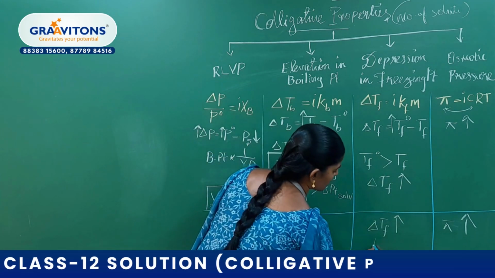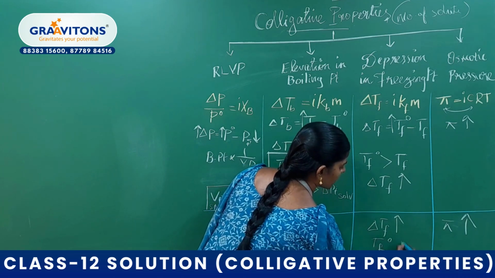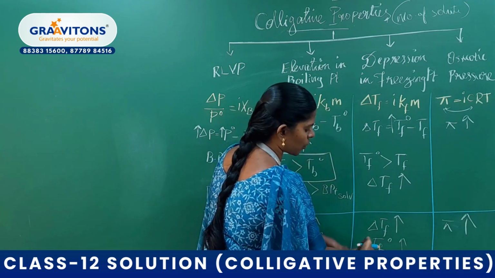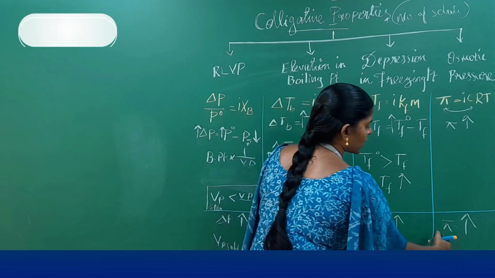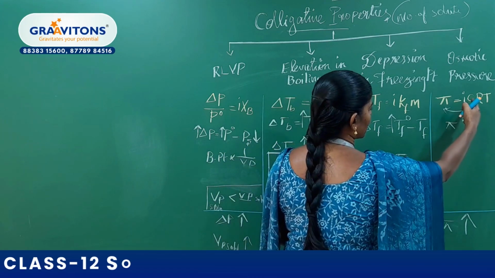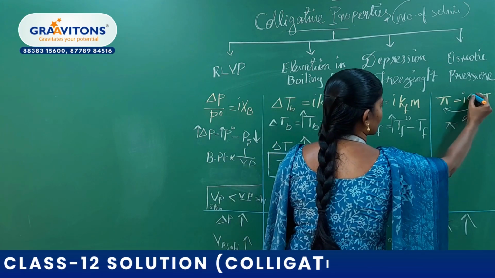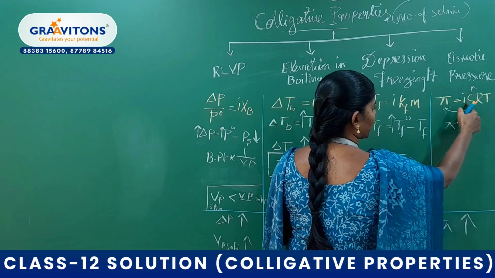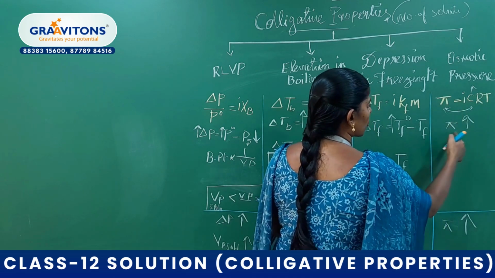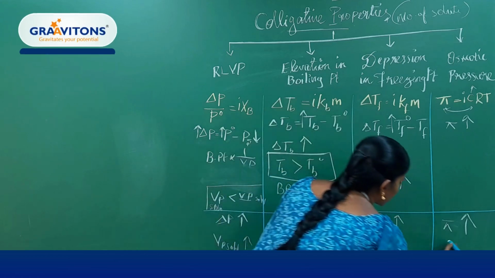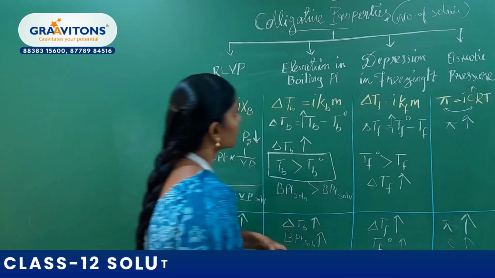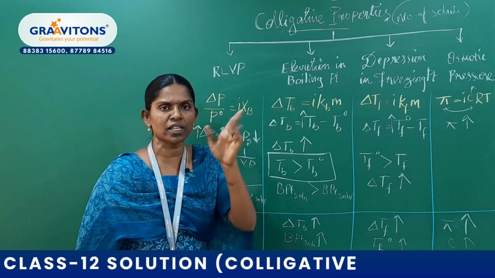What does it mean to us? The freezing point of pure solvent, TF naught, increases. Here, whenever the van't Hoff factor and concentration increase, that is, the number of solute particles increases, the pi value also increases. So whenever you study these colligative properties, keep this trick in mind.